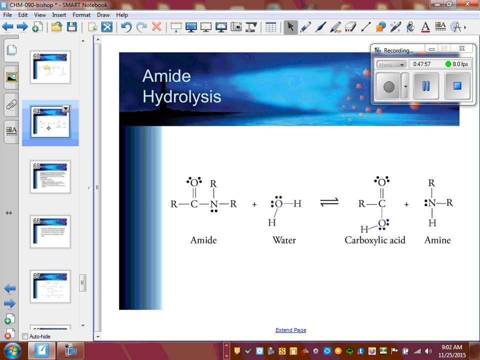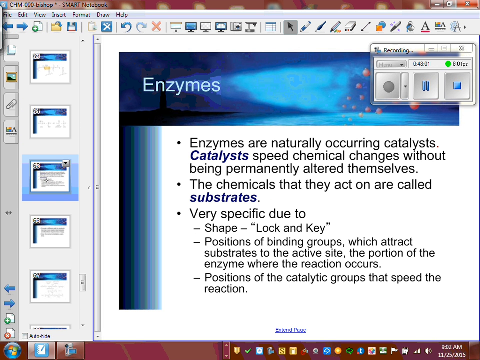So enzymes, we talked about those, are proteins, naturally occurring catalysts. They speed the chemical reaction without permanently altering themselves. The chemicals they act on are called substrates. So it's very specific, I said, to the shape.